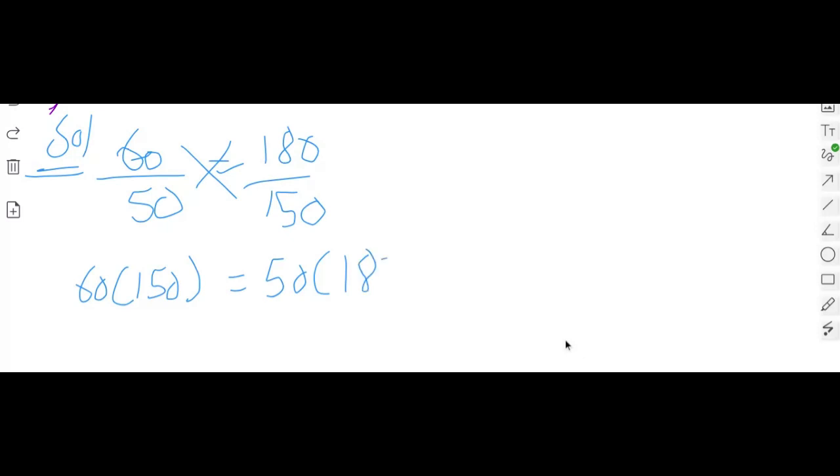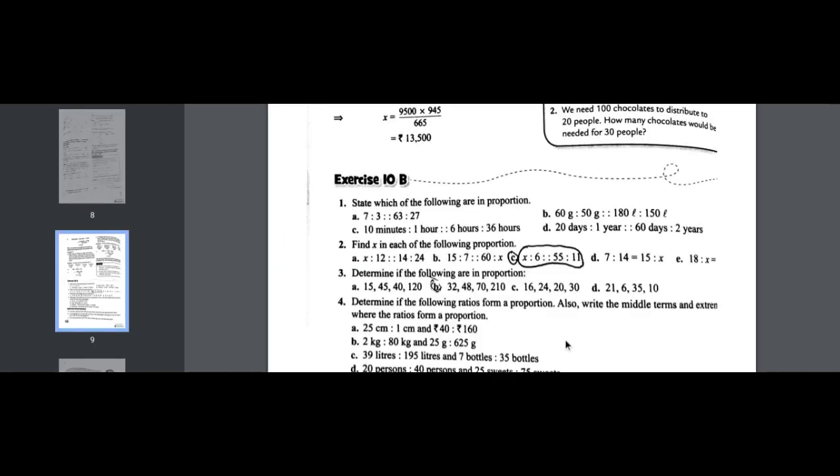Cross multiplication is like multiplying means and extremes. You multiply one numerator with the other denominator, and the other numerator with the first denominator.